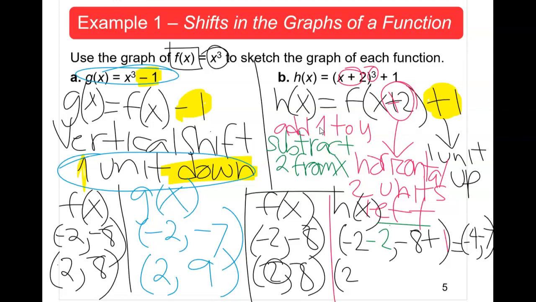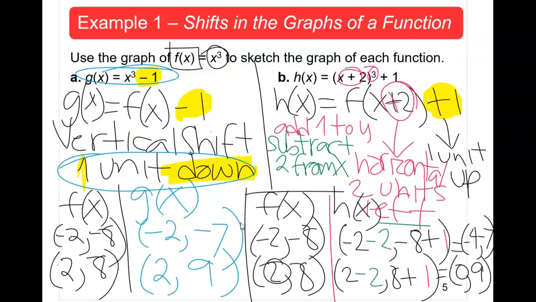So we're going to subtract 2 for the horizontal shift, and then to 8, we're going to add 1 because that was the vertical shift. So then this point will become 0, comma 9. And so those are 2 points that you could look at or plot to help you with your transformation.